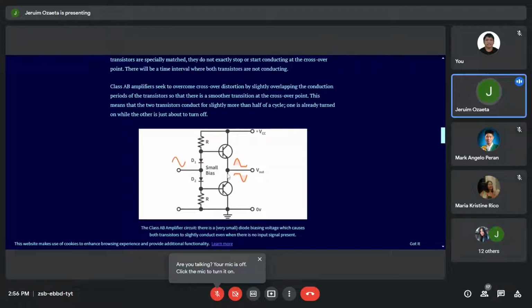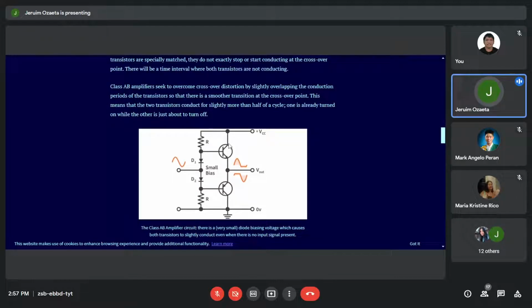D1 and D2 are in series, which means that at any moment, D1 and D2 are forward biased, so there is a continuous flow of current between the Vcc through R, then D1, then D2, and then the other R. Let's call this the first resistor, and the other the second resistor.